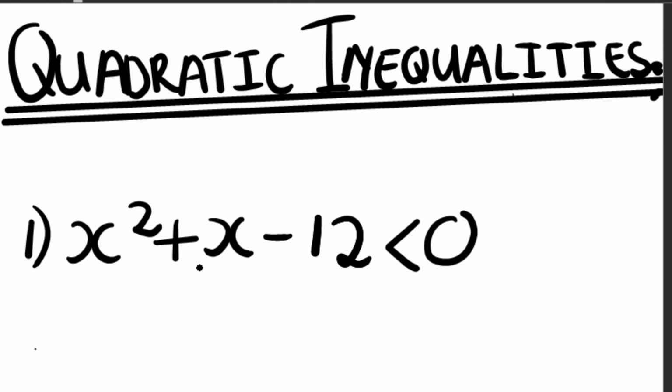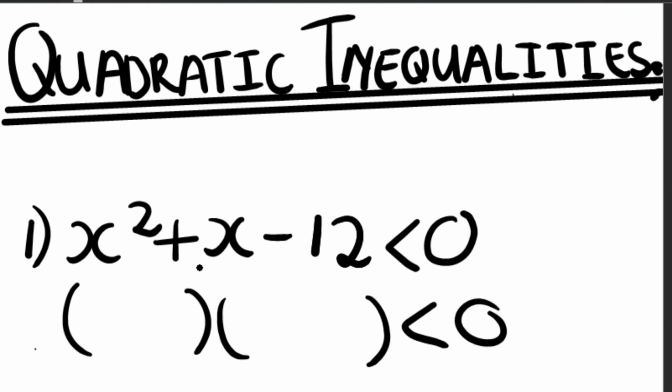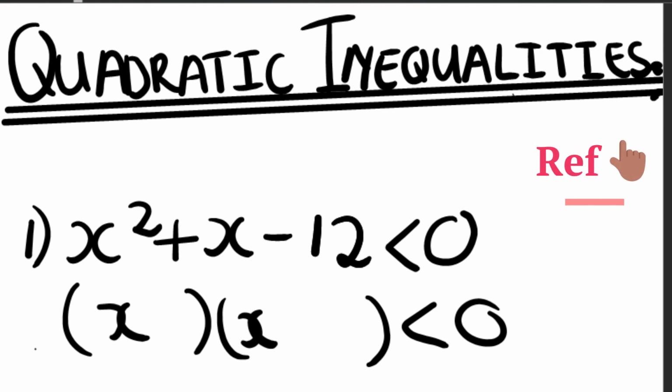We open our two brackets, less than 0, and then we put x and x, because the coefficient of x squared is 1. The signs are not the same because of the minus, so the signs will be a plus and a minus.